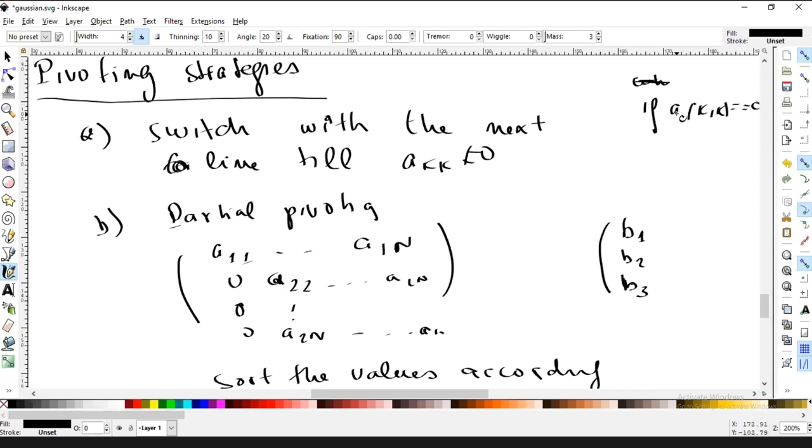Instead of putting if, I can put while AKK different than 0, I switch the line k with the line, for example, k plus 1. So the new AKK becomes the AKK of line k plus 1, and I do that till AKK is different than 0. So this is one of the methods.